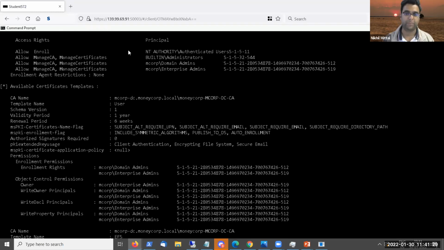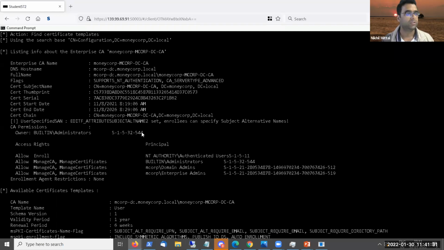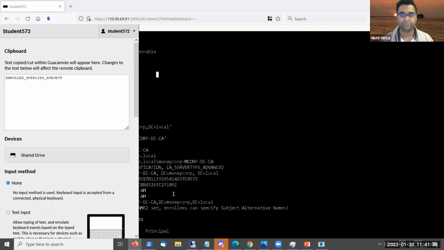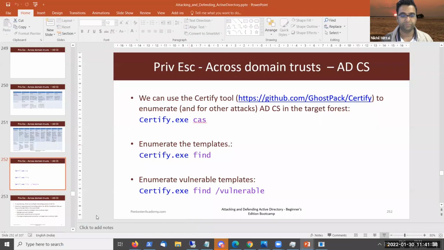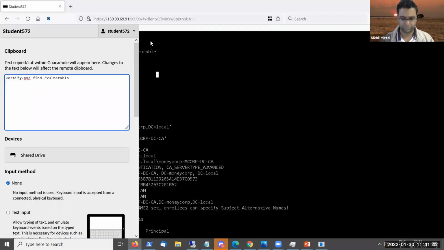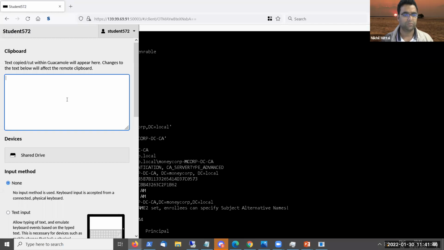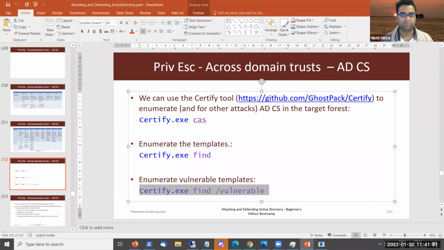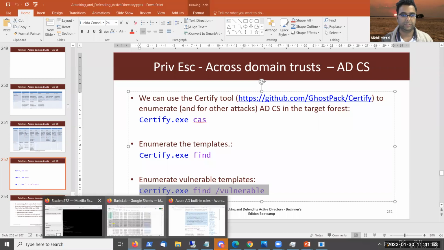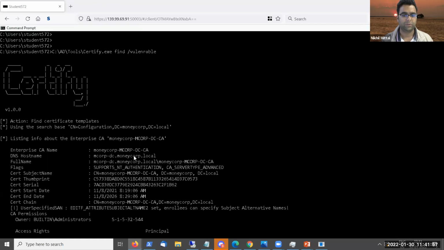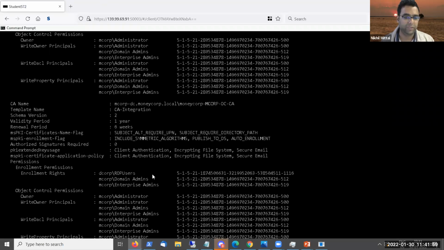Oh yes, of course, a typo here. So let me copy stuff in place of trying and typing it. So let's find only the vulnerable ones.